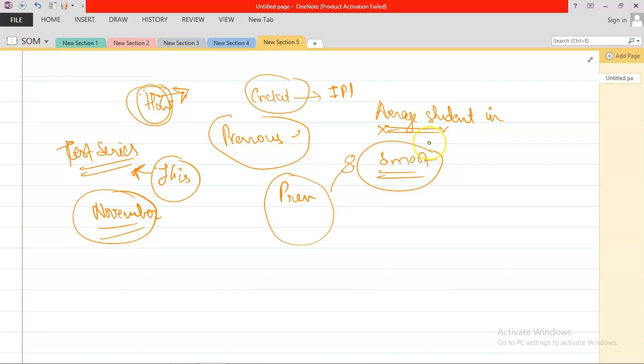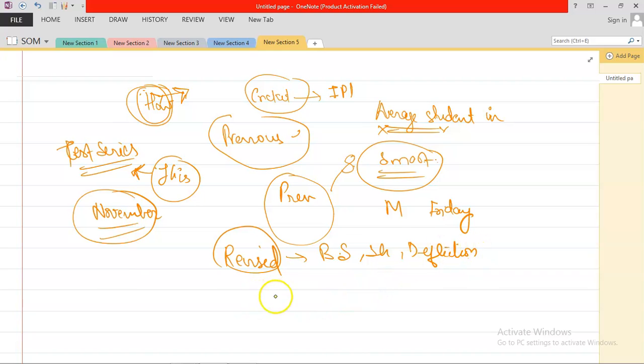So today what we discussed is, first of all, we revised the basic concepts of what we studied earlier, the bending stress and shear stress. From Monday to Friday, I want everyone to solve what I taught in the last 4 classes: bending stress, shear stress, deflection of beams that I revised today.